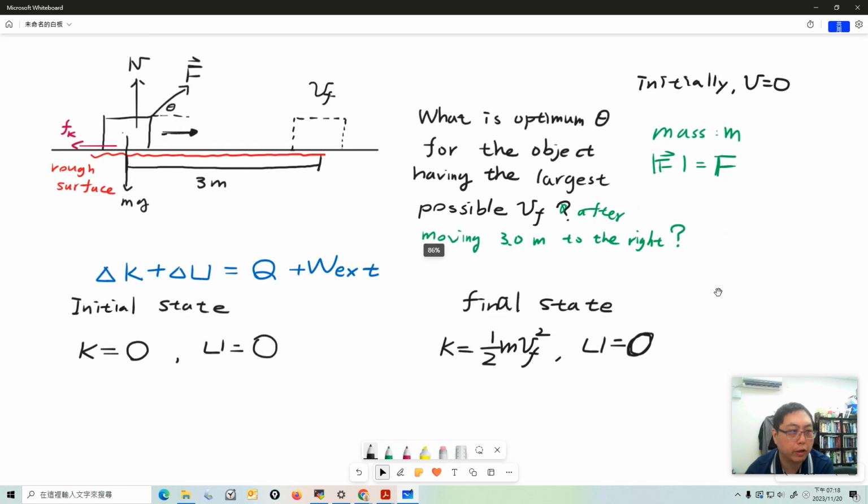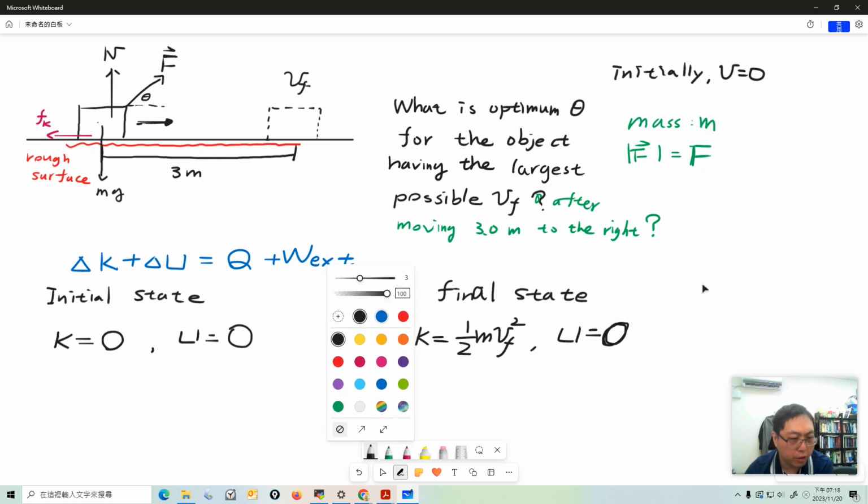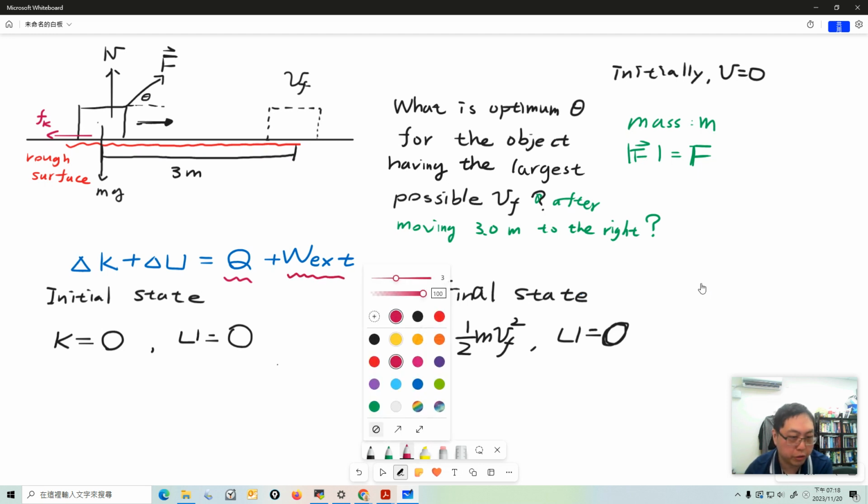Right now, the big part of this problem is how to evaluate the heat Q and the work done by the external force.